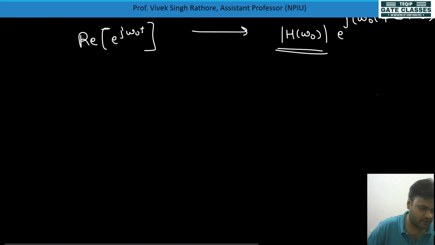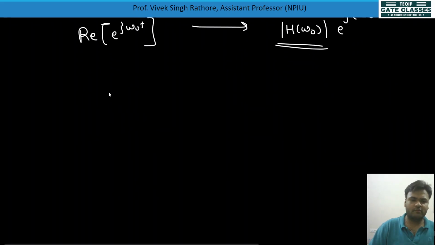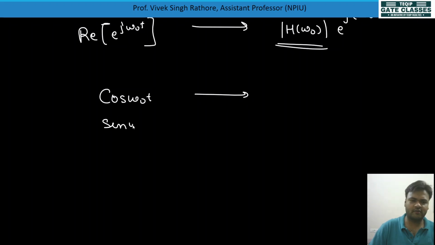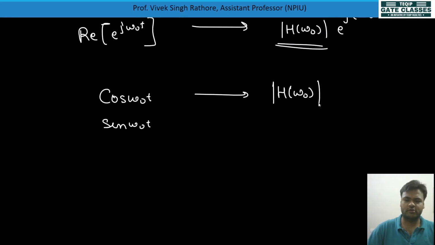If you give cos of omega naught t, or sine of omega naught t, because this is a sinusoidal input, what will we get? You will get mod of h omega naught, the impulse response h of t transformed to h of omega, with omega replaced by omega naught, as the magnitude.